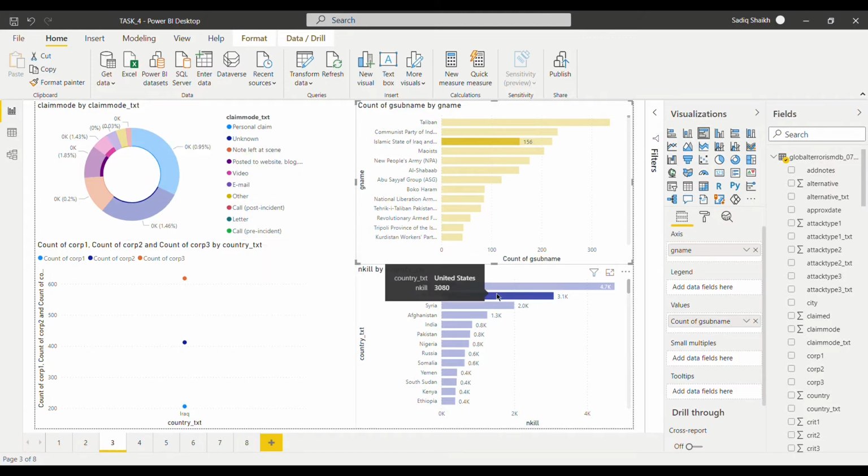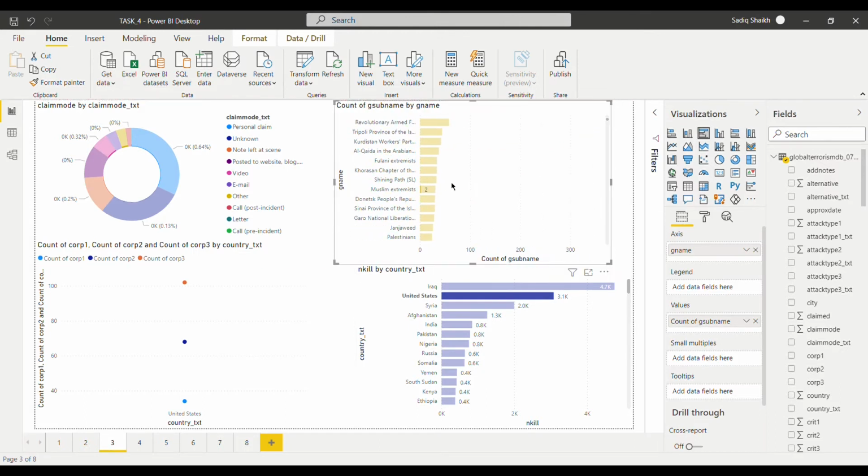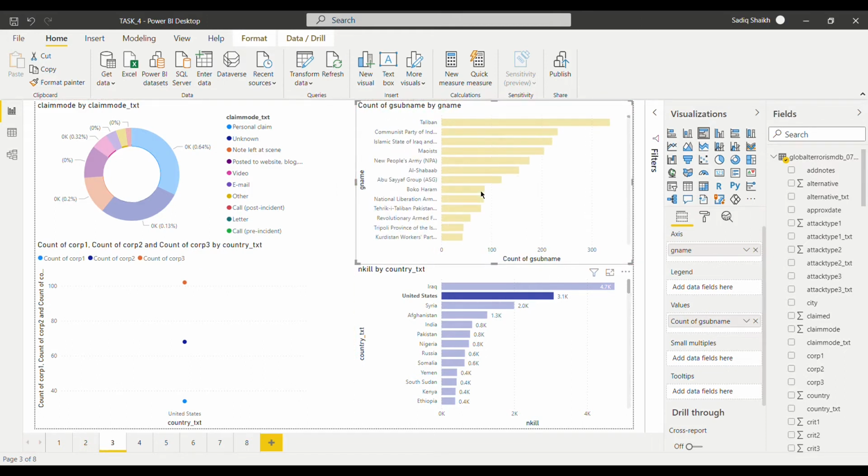Then after this is the US. If we can see, sorry, Muslim extremists. This is the terrorist group which is being attacked by the United States, and they have a count of around 3.1.